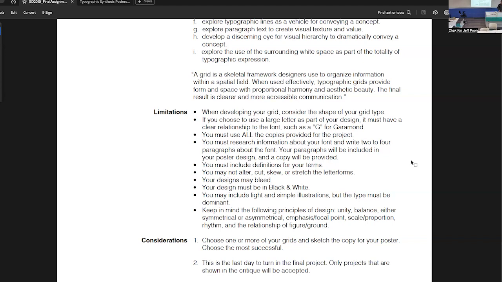Try to find the rationale behind. You must use all the copy provided for the project, but the copy, I need to talk about that later. And then you must research information about your font and write 2 to 4 paragraphs about the font. So you have to get some copy from somewhere to describe the font you picked.